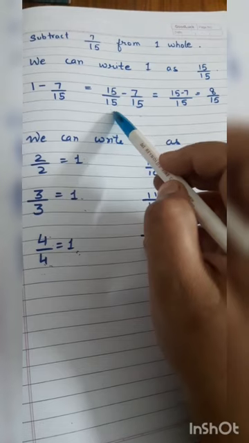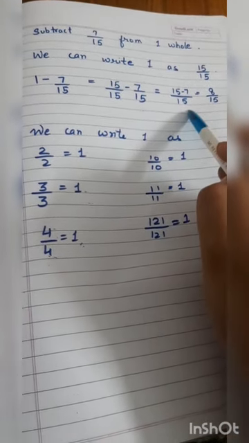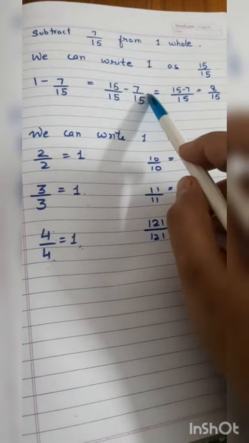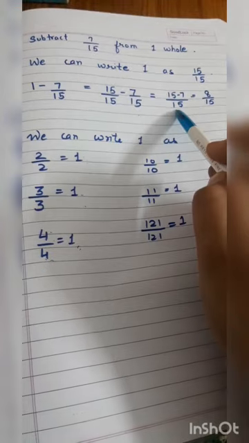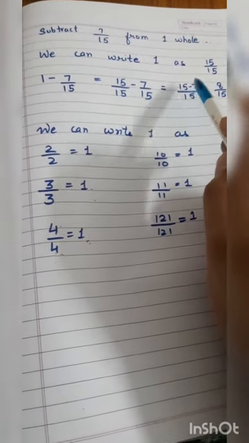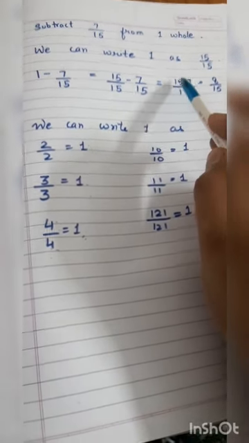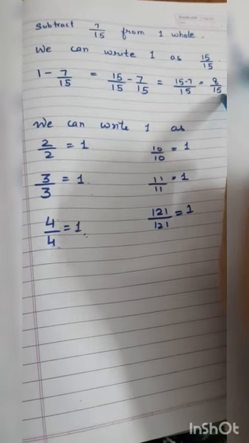So we keep the denominator the same and subtract the numerators only. 15 minus 7 upon 15. So 15 minus 7 is equal to 8 upon 15.